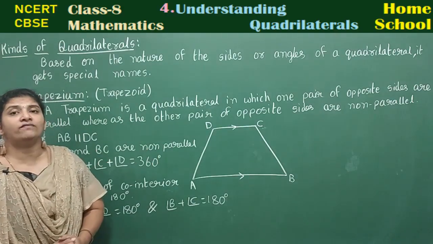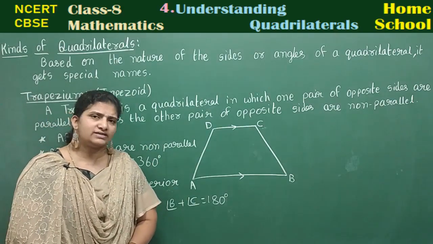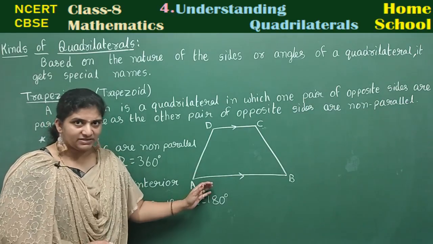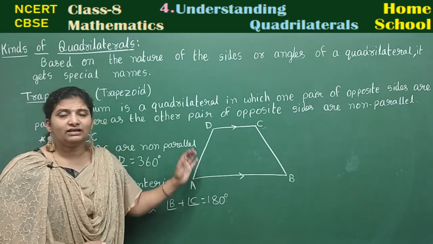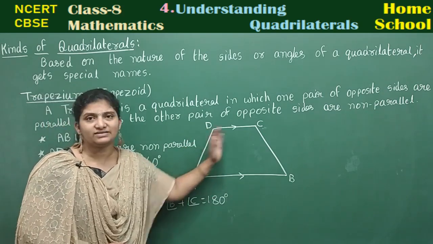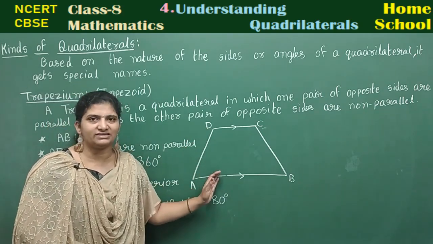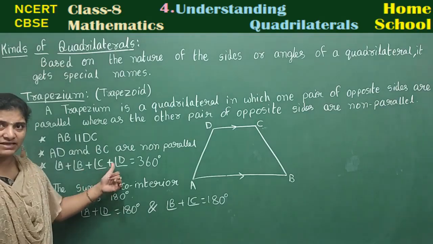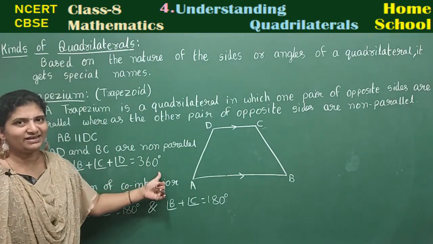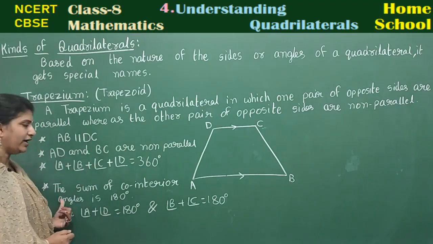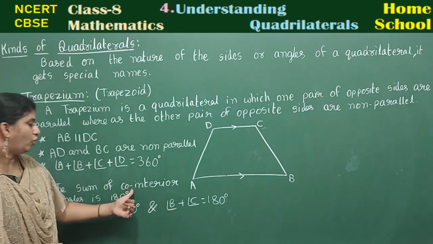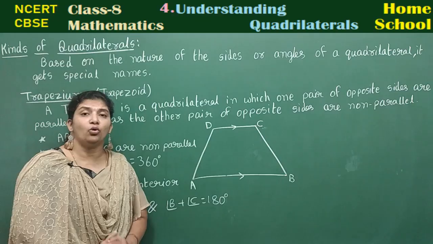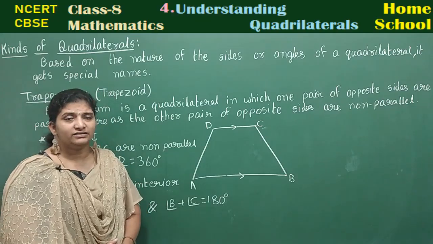Next point, the sum of the interior angles of a quadrilateral is how much? 360 degrees. Similarly, this trapezium is also a quadrilateral. The sum of the interior angles is equal to 360 degree. That is, angle A plus angle B plus angle C plus angle D is equal to 360 degree. Next point, the sum of co-interior angles is 180 degrees. What do you mean by co-interior angles?